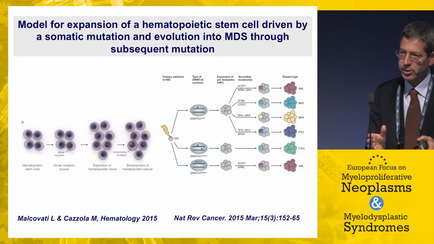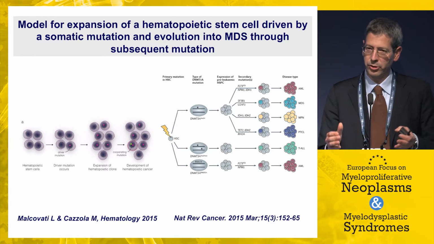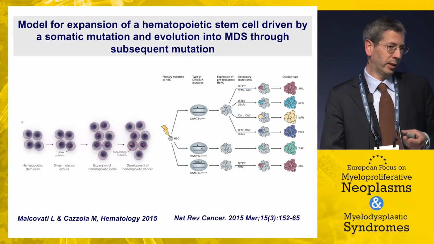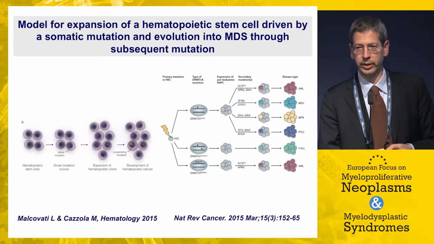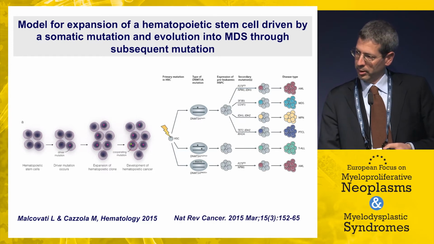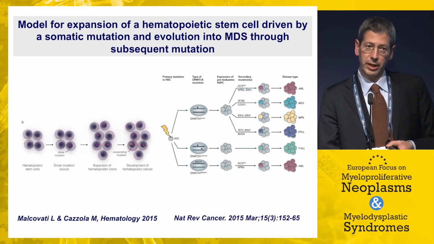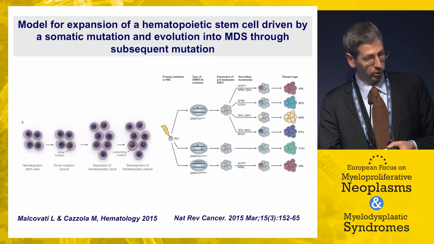Based on this observation, the following pathophysiological model can be assumed, in which, upon aging, a first genetic event may be acquired, usually involving genes in epigenetic regulation, that drives the expansion of hematopoietic clones at this stage without any hematologic phenotype.